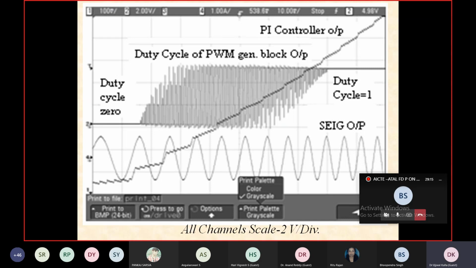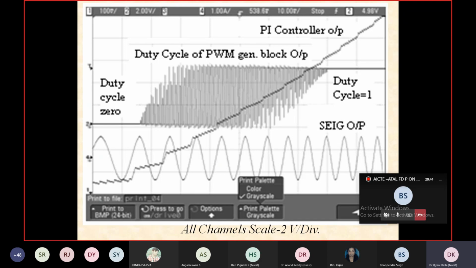When the frequency increases, this duty cycle increases. When the frequency decreases, this duty cycle decreases. When the duty cycle increases, the effective value of the dump load will increase. When the duty cycle decreases, the effective value of the dump load will decrease. So this variation in the effective value of the dump load will be adjusted according to the system frequency.